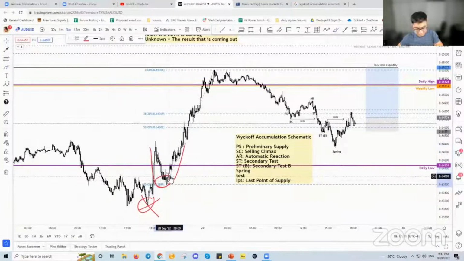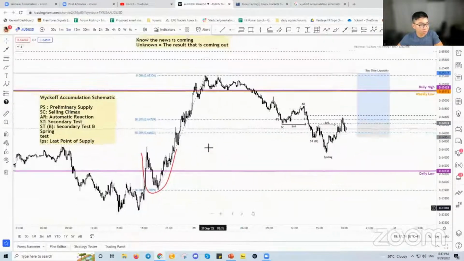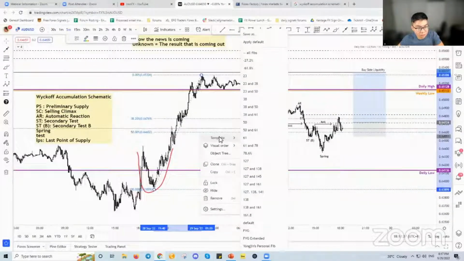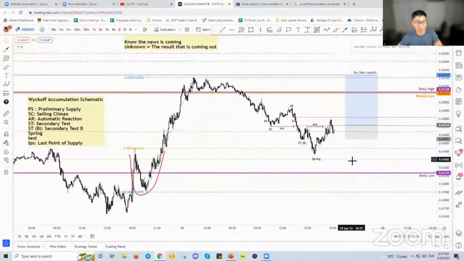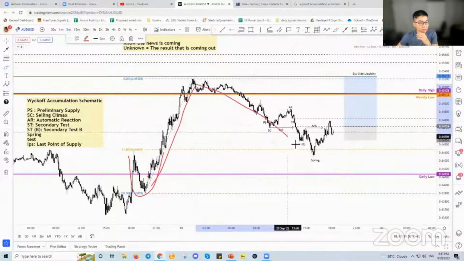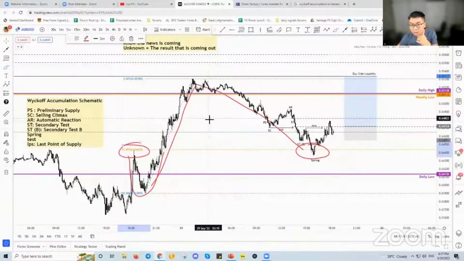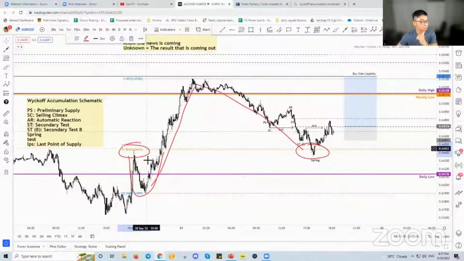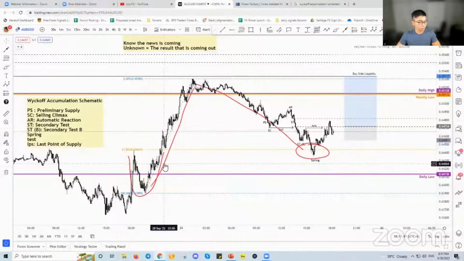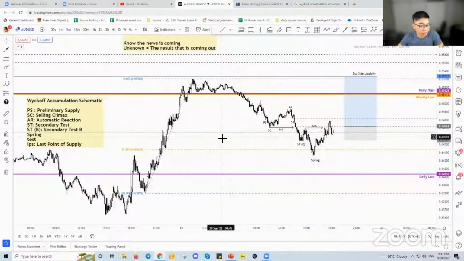So I'm expecting price to come down to the 61% of this Fibonacci retracement. So I'll draw it out, 61. Look at this. How clean is that? Price went up, came down, tapped nicely into the 61.8% golden Fibonacci ratio. So we can expect price to react to that ratio, 61.8%.